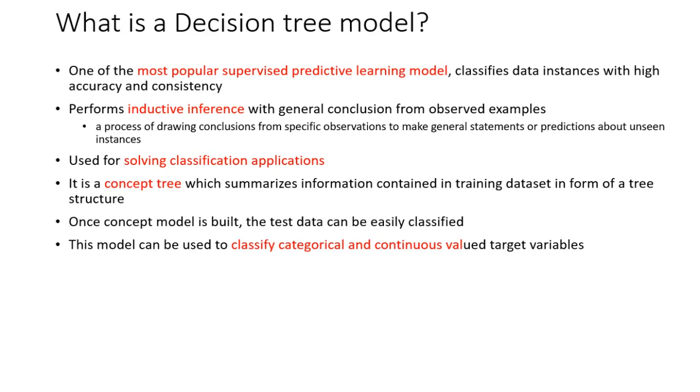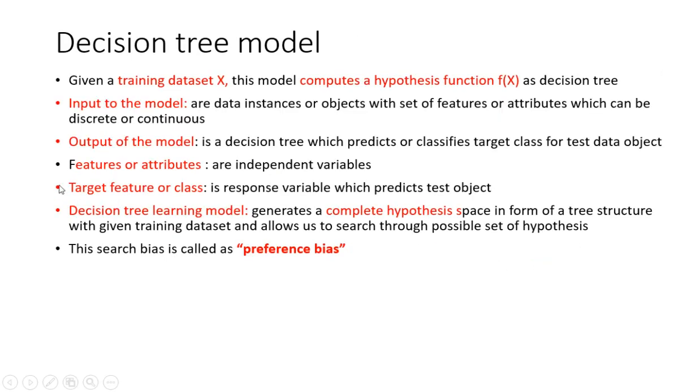So basically, a decision tree can be used to classify categorical as well as continuous value target variables. So let's say I have a training data set X, right? And this model computes a hypothesis function f of x as a decision tree.